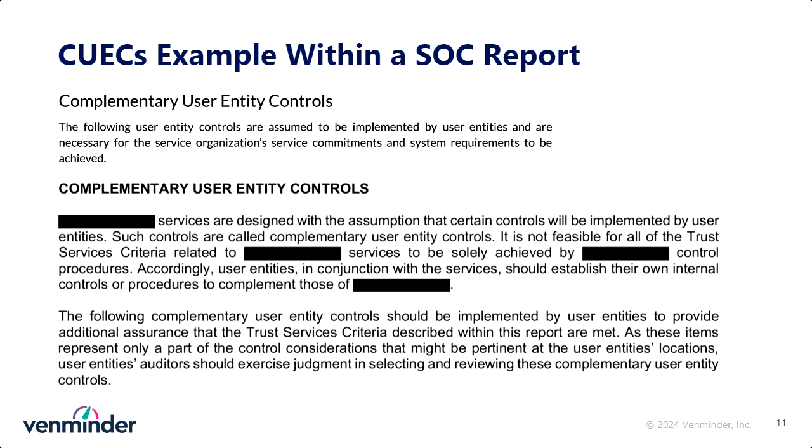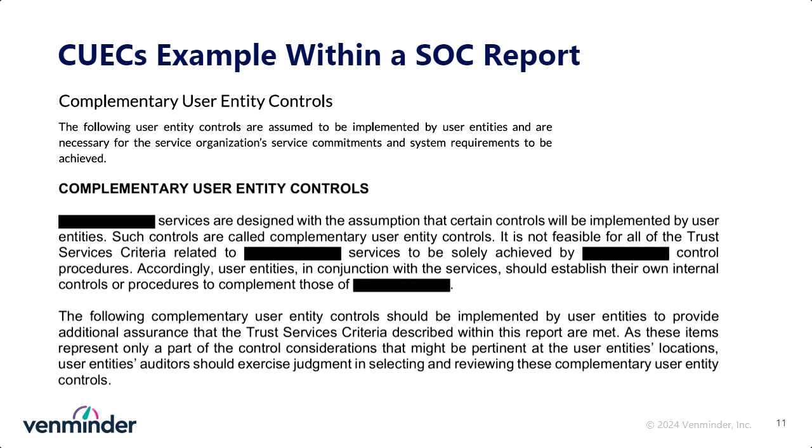So this is an example where they say the following user entity controls are assumed to be implemented by user entities and are necessary for the service organization's service commitments and system requirements to be achieved. And basically all that's saying is the following controls we're assuming that you're putting in place because they are required in order for us to deliver this product or service to you the way that you would expect us to.